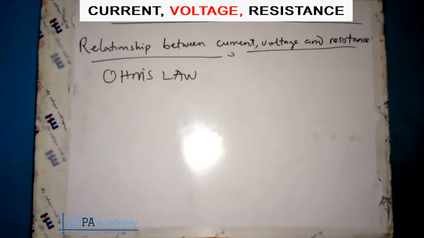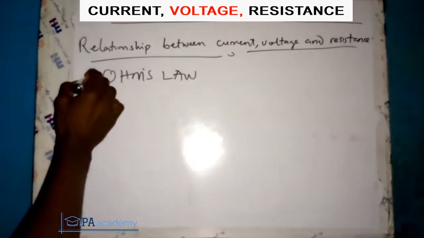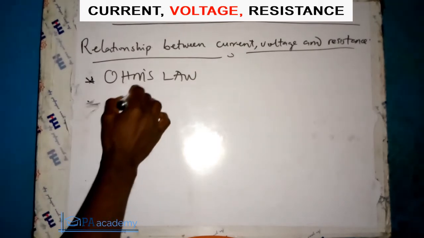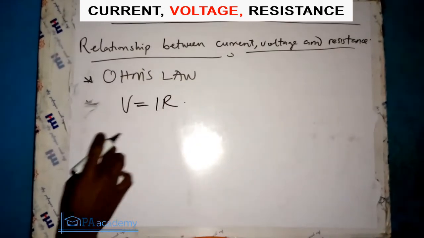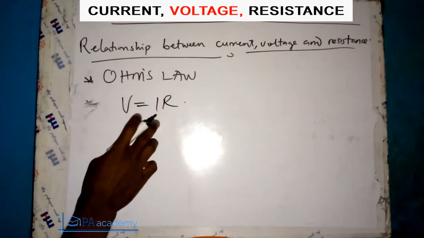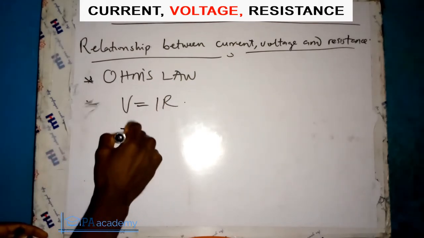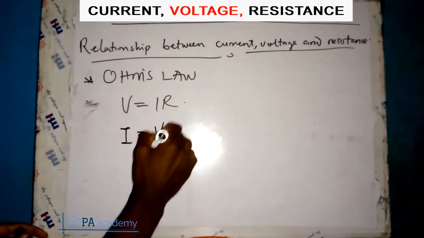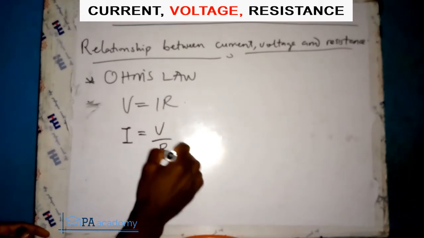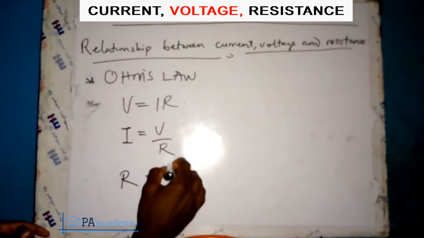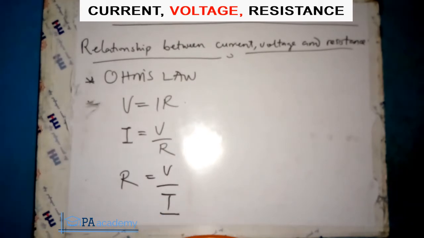If you look at Ohm's law, the formula that brings them together is V equals IR, where voltage is equal to current times resistance. You can also rewrite this as current equals voltage over resistance, and resistance equals voltage over current.